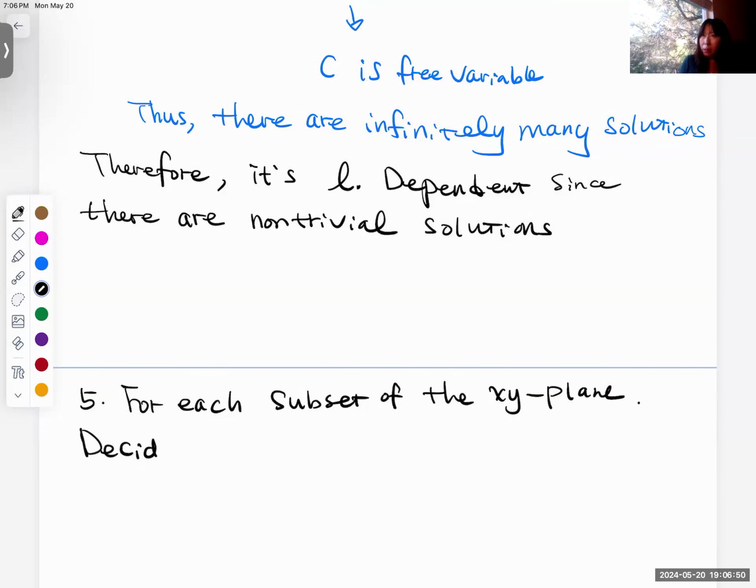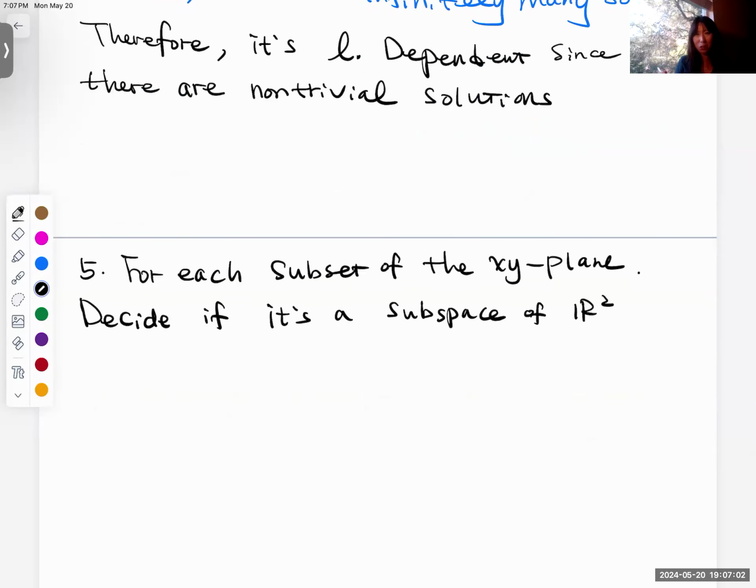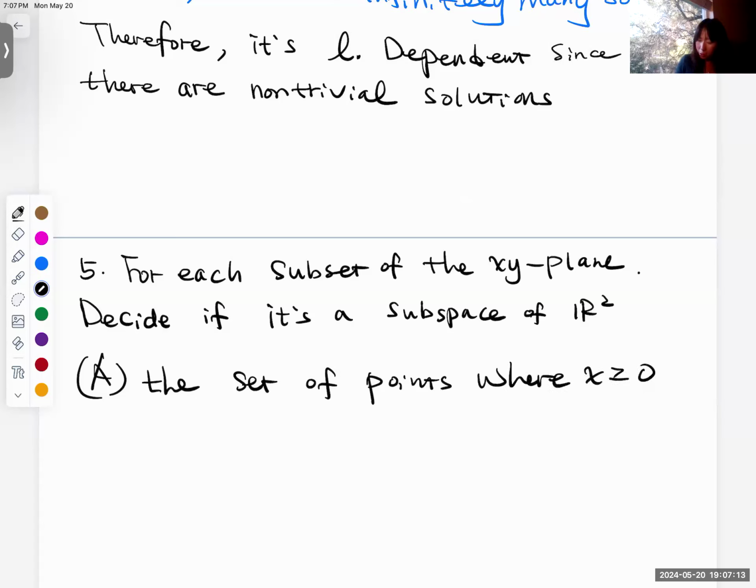Decide if it's a subspace of R2. Okay, so for the first one, the set of points where x is greater or equal to 0, right?